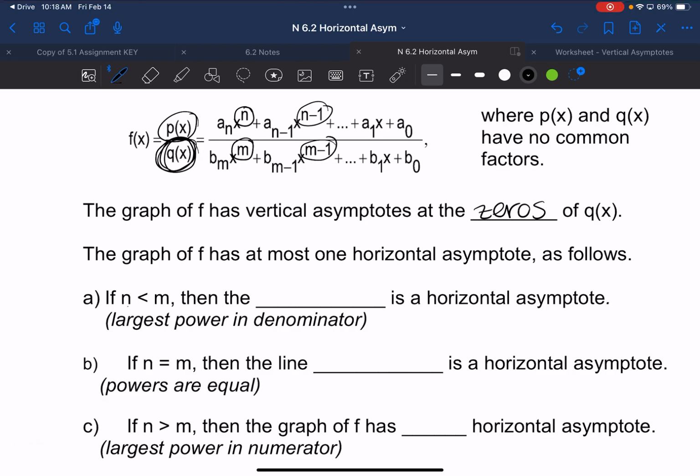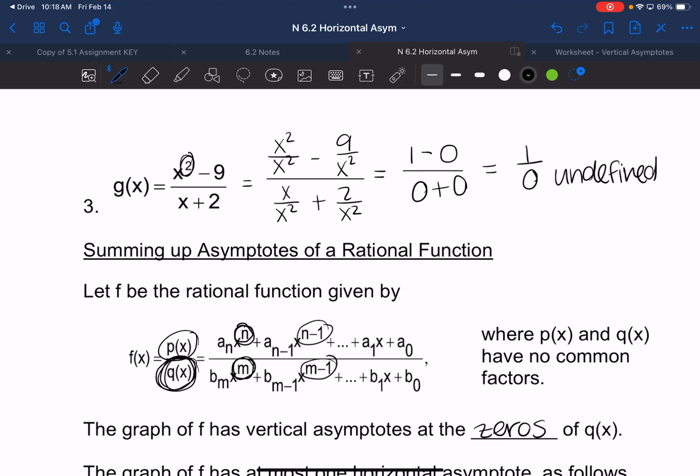So here it says if n is less than m. Well, again, n is in the top, m is in the bottom. So they're saying when the top is less than the bottom. Okay? So if you look here, this one, the top was bigger than the bottom, right?